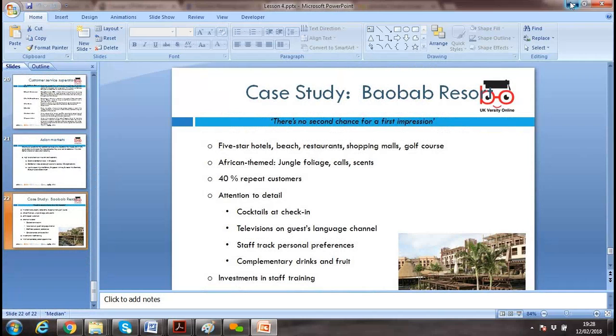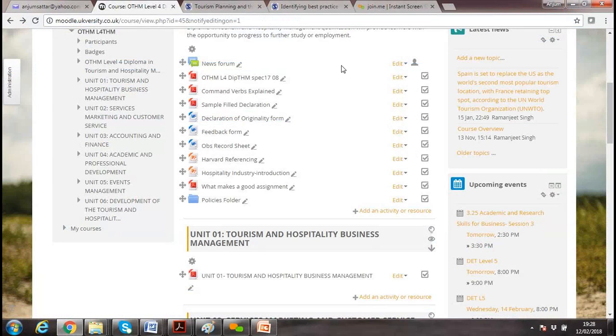So today we're thinking of starting our new unit. Our new unit is unit one, which is tourism and hospitality business management, the title of the unit. So tourism and hospitality, what comes to your mind? Which industry normally falls under this?